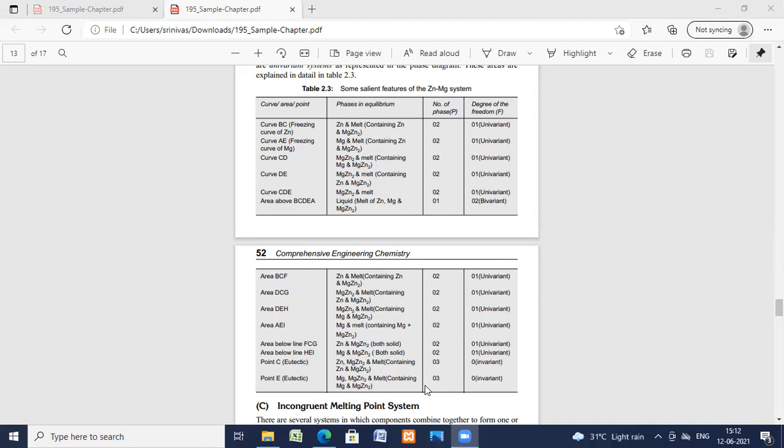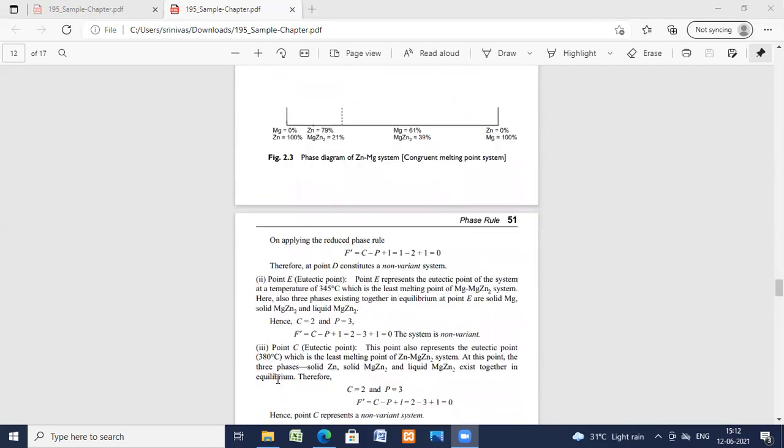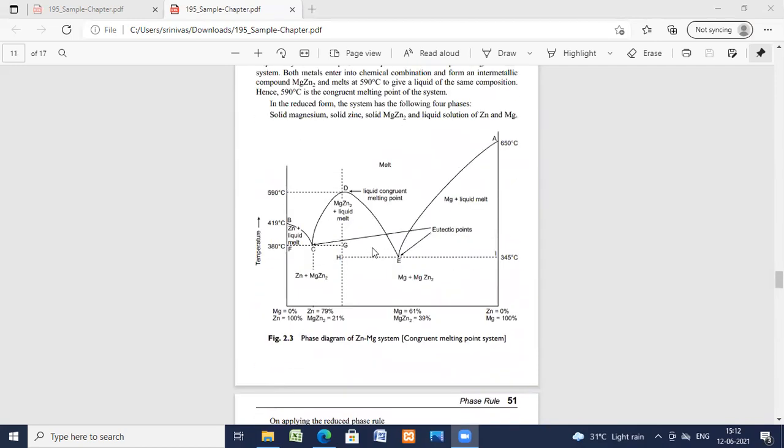So F is equal to C minus P plus 1, which is 2 minus 3 plus 1, so 0. Invariant system you get, for eutectic points C and E and for point D also.